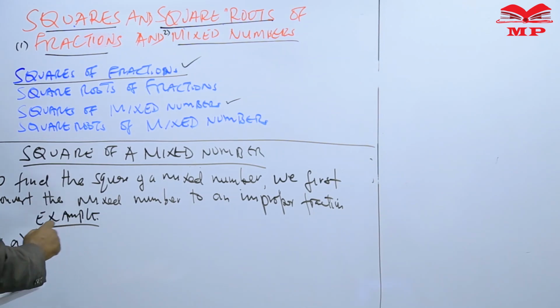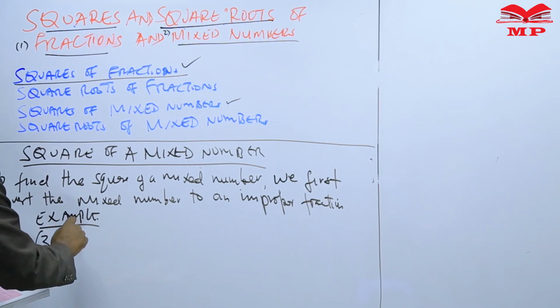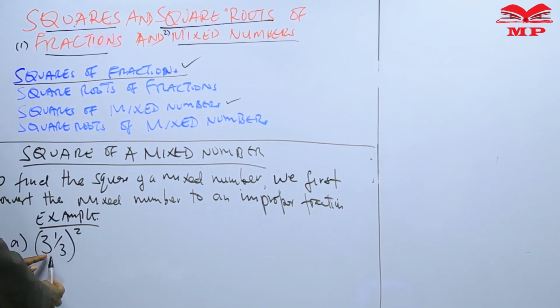Question 2a reads, what is the value of 3 1/3 squared? This is a mixed number.